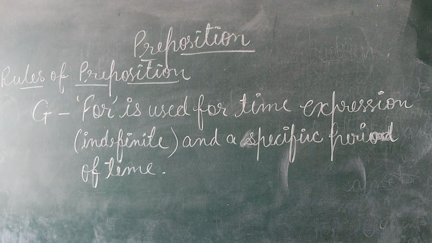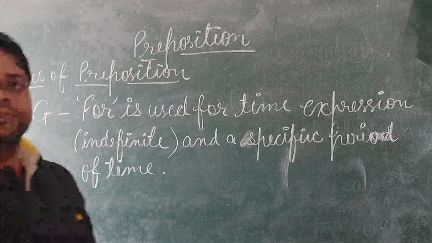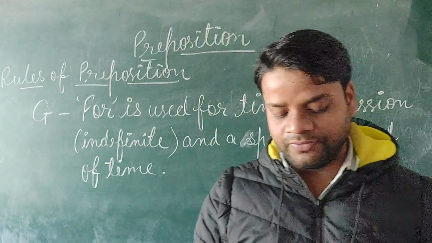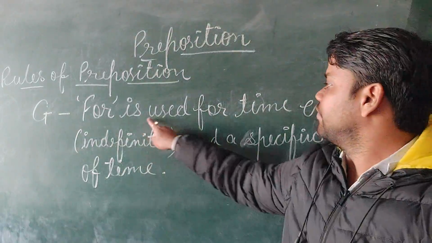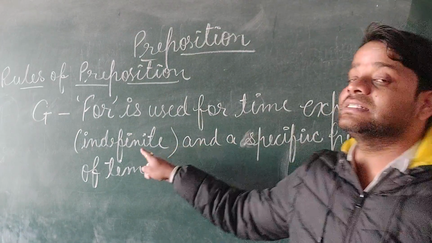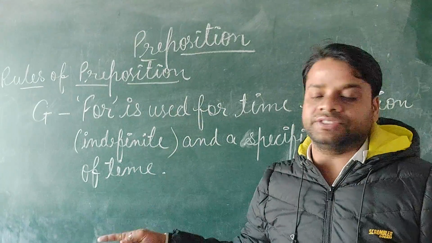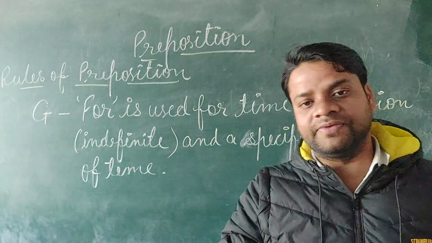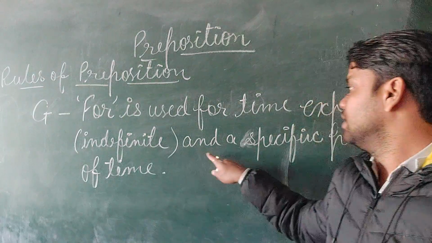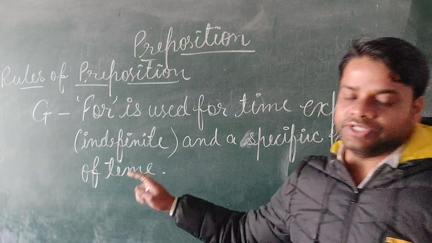So this is the use of for. You can understand that for is used for a time expression, but it is indefinite. Since was definite, but here it is indefinite. I'll tell the difference between since and for.